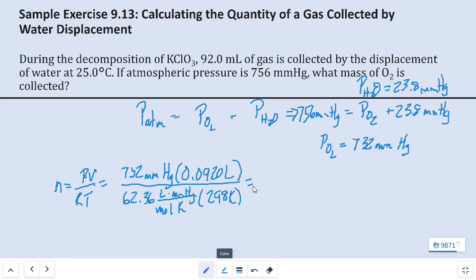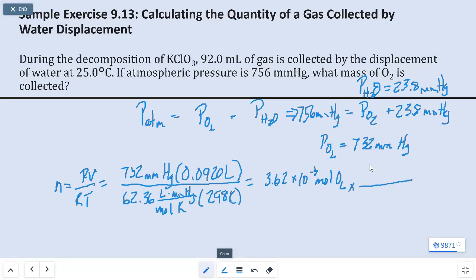So multiply it all together, 732 times 0.092, divide by 62.36, divide by 298. I get 3.62 times 10 to the negative third moles of oxygen.